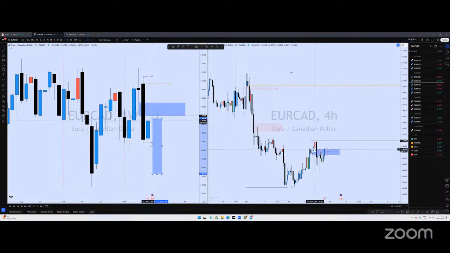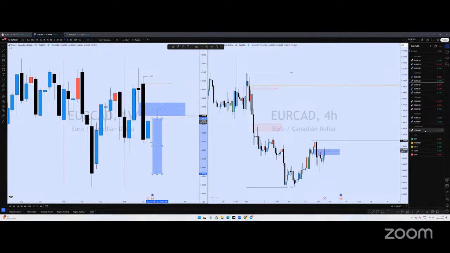If they close above this, that's what's going to happen next week. So within the next 30 minutes, that will print the fate. The next 30 minutes is going to print the fate of next week's candle. Okay, so let's see how the next 30 minutes is going to behave.